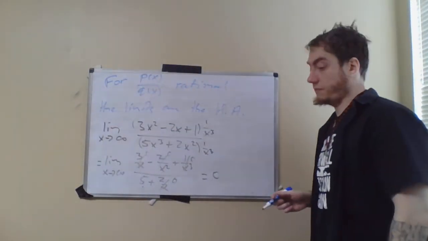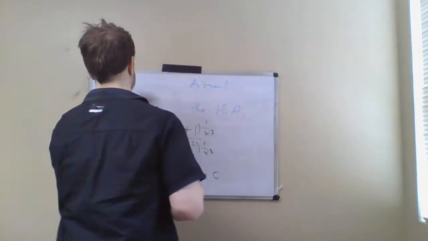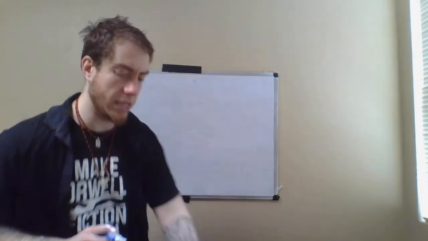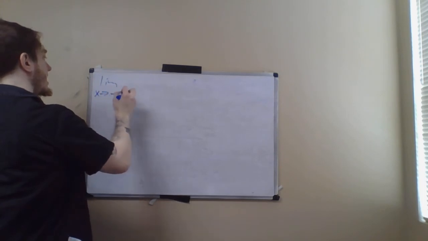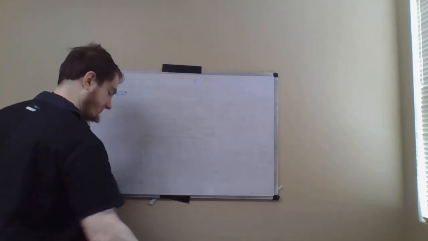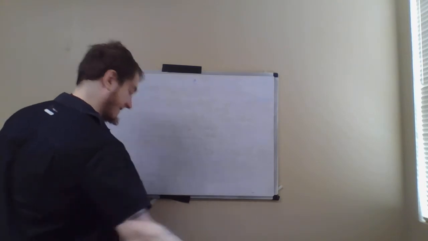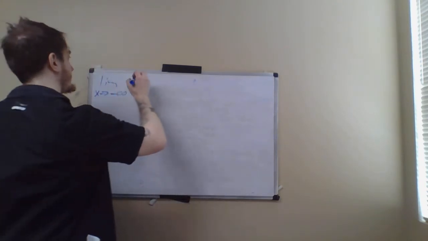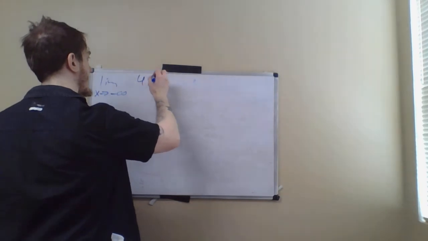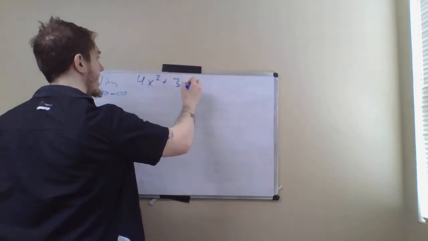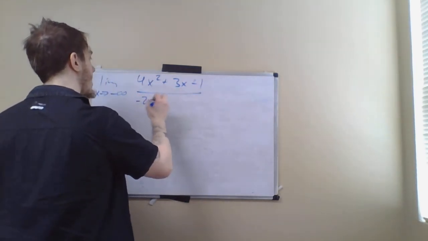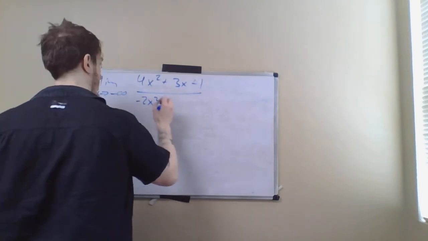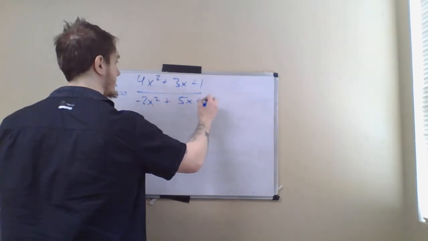Okay, now another example of this kind of thing. What if I want to do the limit as x approaches negative infinity of, let's say, 4x squared plus 3x minus 1 divided by negative 2x squared plus 5x plus 2.